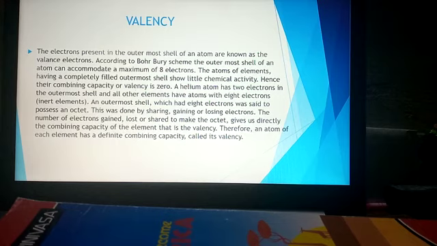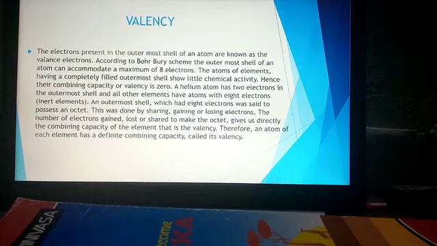But there are some exceptional cases like fluorine. Fluorine is the 9th element, so you have 2 electrons in the first shell and 7 electrons in the second shell.